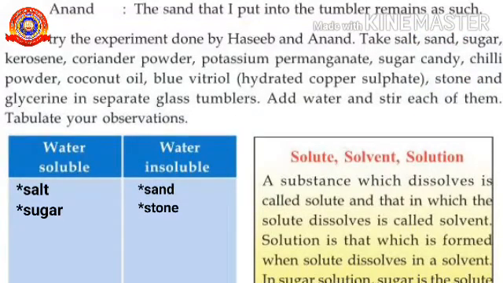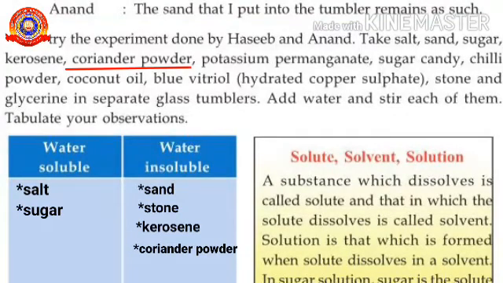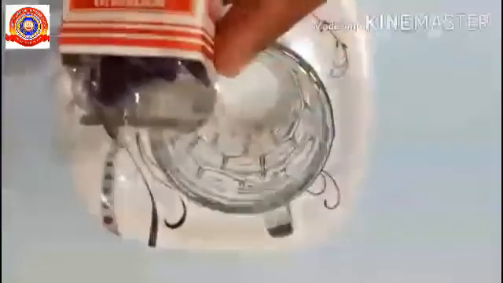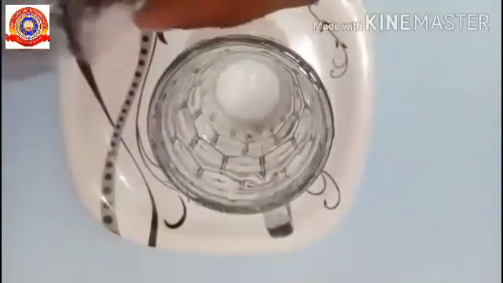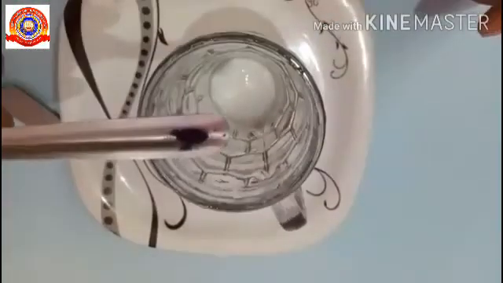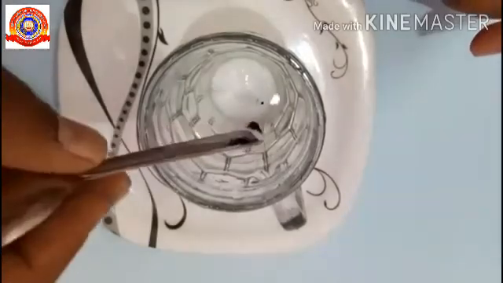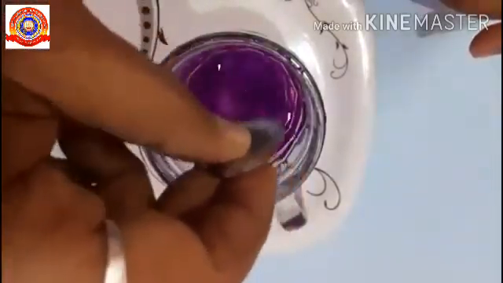Now we need to check other items. Kerosene is insoluble in water. You know that well, isn't it? Coriander powder also comes under this group since it does not completely dissolve in water. Have you ever seen potassium permanganate? This is potassium permanganate. When we mix potassium permanganate powder in water, it becomes a colorful solution like this.